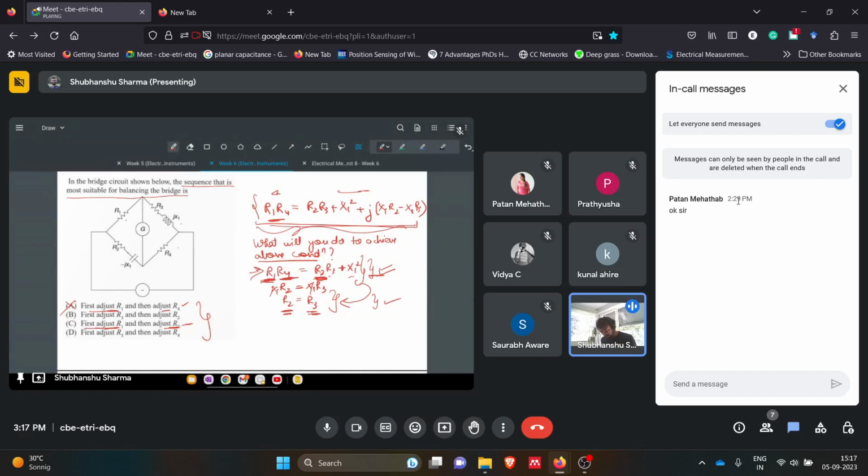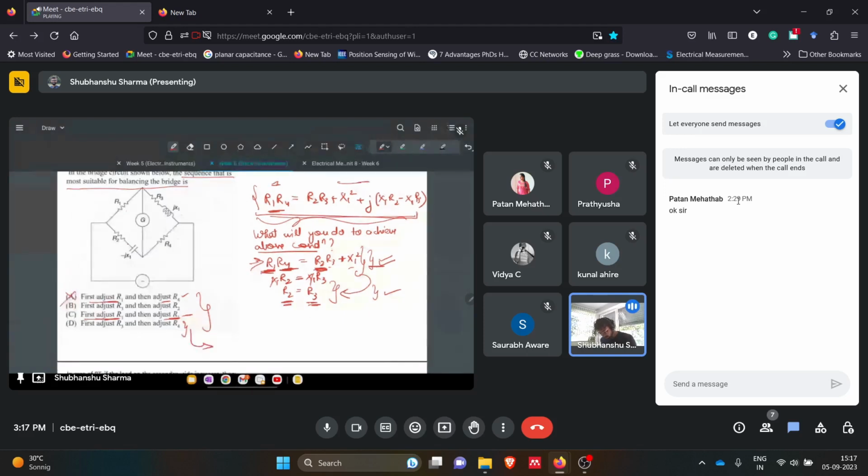Now let's see the most valid answer. Let's say we adjust R3 and make it equal to R2. So R3 and R2 are equal now, and we achieved the imaginary balance condition for this equation. After that, we move towards balancing the real part.